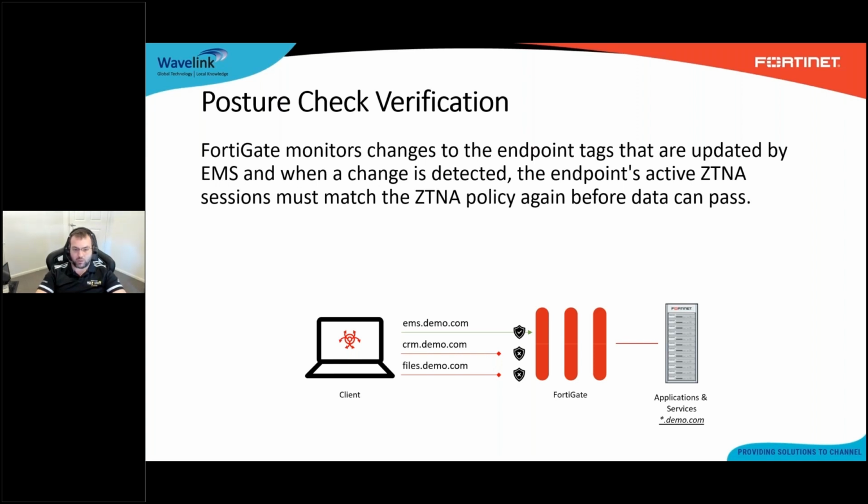Now, in this example, something's gone wrong and access has been denied. Let's assume that user now has a malicious file on their PC. Then when they go to the next page, like refreshing the page for ems.demo.com, or they've clicked on a link inside, that check will be rerun, and that device will be denied again because they've got a malicious file on their device.